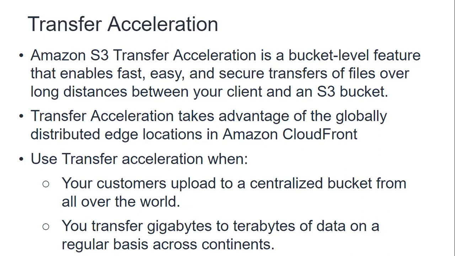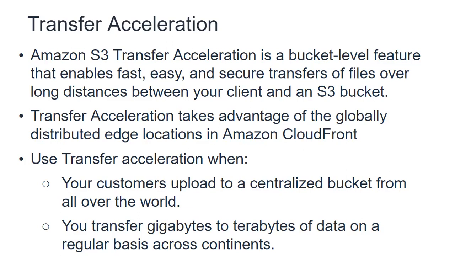What it is that instead of transferring the files over the internet, you would actually upload the file to S3, and the file goes to an edge location first of all, and then the file would go over Amazon's private network to your bucket.